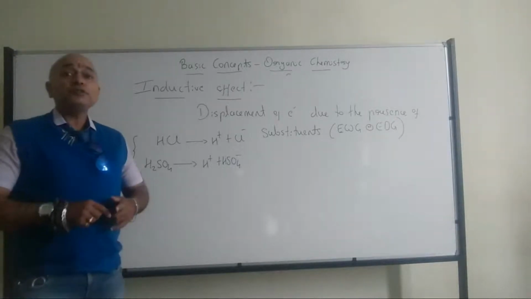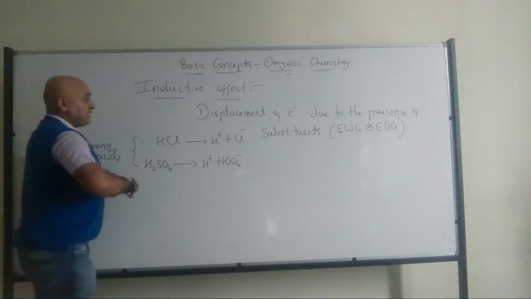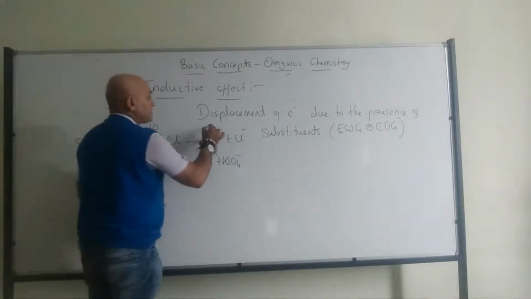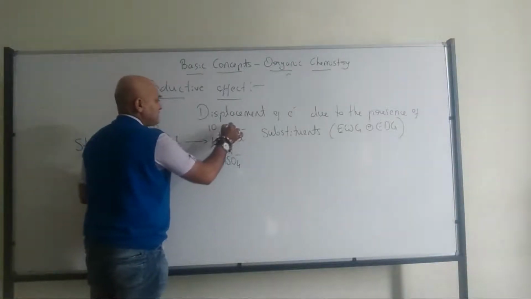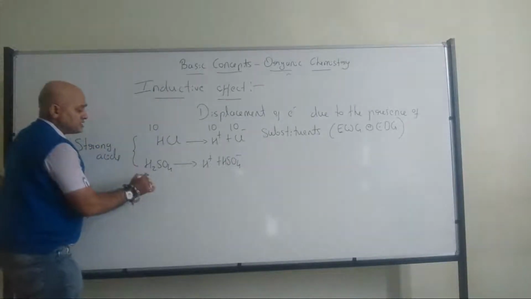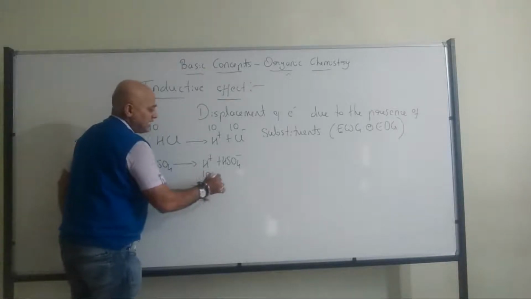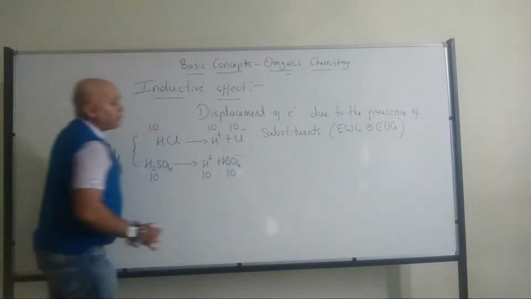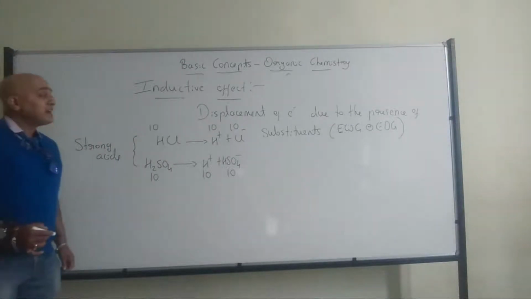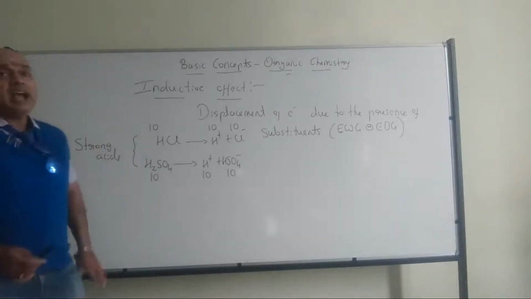Because they are going to completely dissociate. So what I mean to tell here is, if I take 10 molecules of HCl, in the product also we have 10 H plus ions and 10 chloride ions. Now same logic: if I take 10 sulfuric acid, in the product we have 10 H plus and 10 bisulfate ions. HSO4 minus means bisulfate ion. So that's where we have the strong acids.